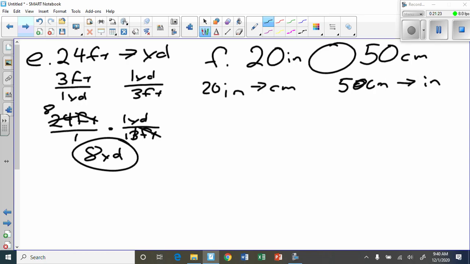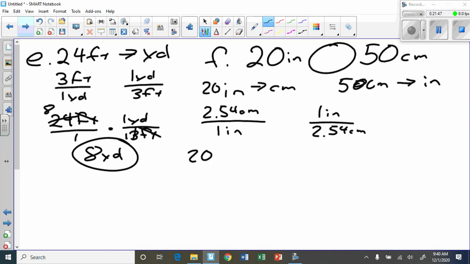All right. What does the book say is my relationship between inches and centimeters? 2.54 centimeters over 1 inch, or 1 inch over 2.54 centimeters. So 20 inches over 1 times 2.54 centimeters over 1 inch.